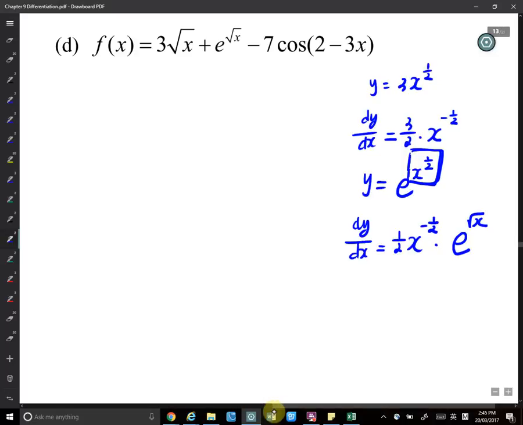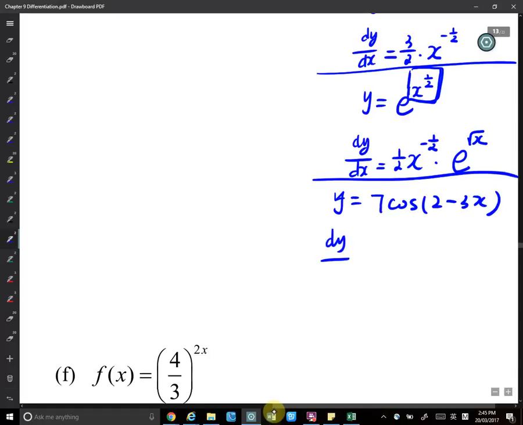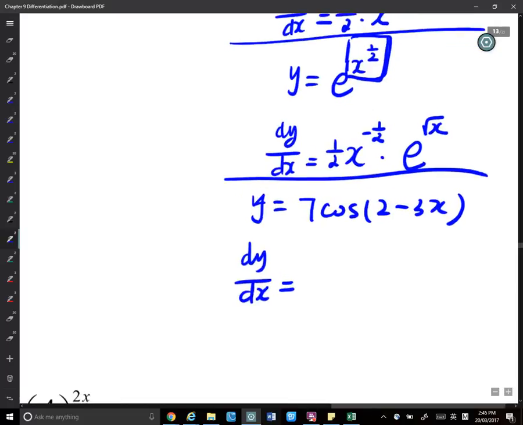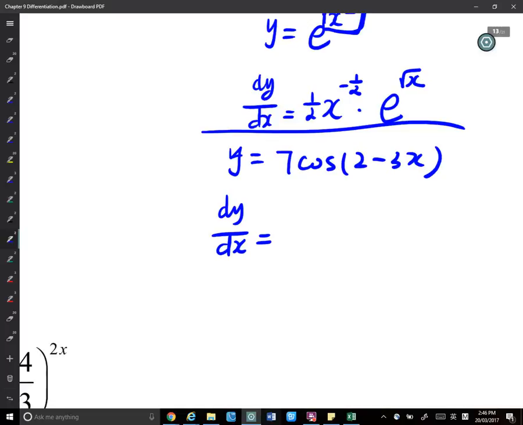Okay, let's have a look at y equals 7 cosine (2 minus 3x). What's the derivative for that? First you have the 7 here, doesn't matter, just keep the 7. But cosine will become what? Negative sine.